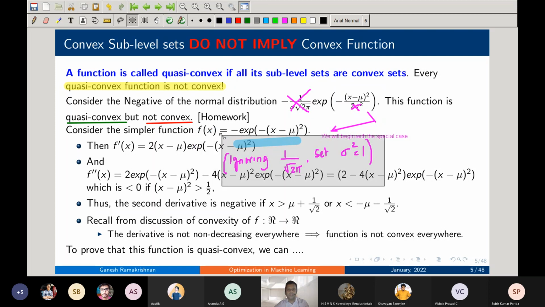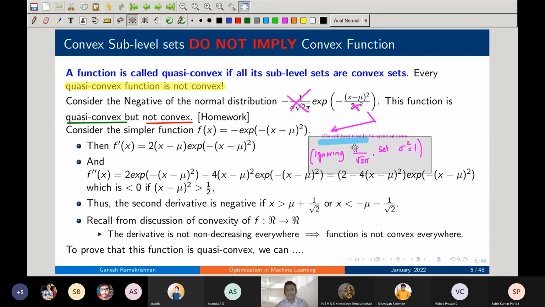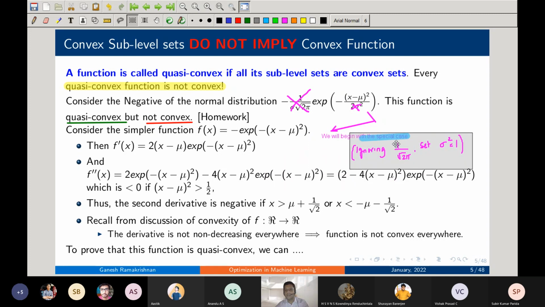What we are doing here in the special case is that we have ignored 1 upon under root 2 pi and set sigma square to 1.